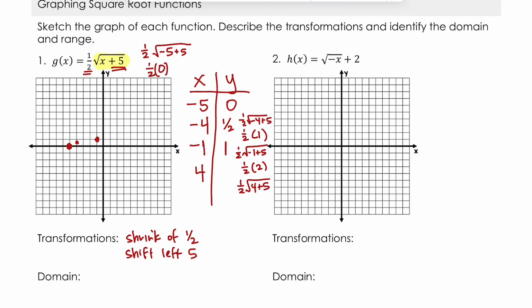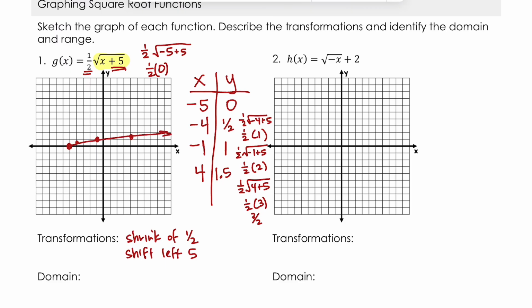So I have 1/2 times the square root of 9. So it's 1/2 times 3, which is 3/2, or 1.5 if you want to put it in decimals. So 4 comma 1.5. And that's good enough. Those 4 points are good enough to kind of get our little square root function.